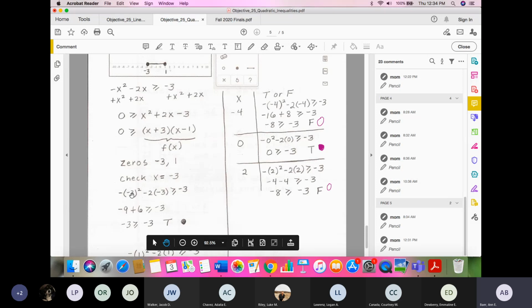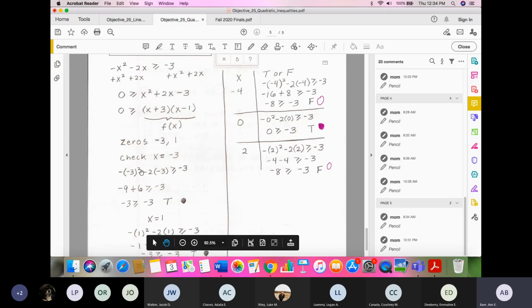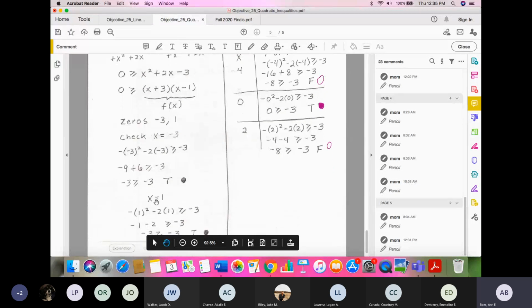So what do we get here? (-3) times (-3) is +9, but we have a negative out front, so we really have -9. -2 times -3 is +6, greater than or equal to -3. On the left side, we have -9 plus 6, which is -3, greater than or equal to -3.